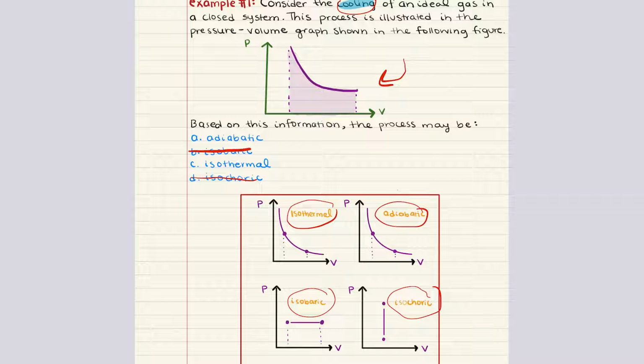And if the temperature is changing, then it cannot be an isothermal process because an isothermal process is described as a process where the temperature stays constant. So we can go ahead and eliminate isothermal. What we're left with is adiabatic, and this process may be adiabatic, so the correct answer for problem 1 is going to be A.